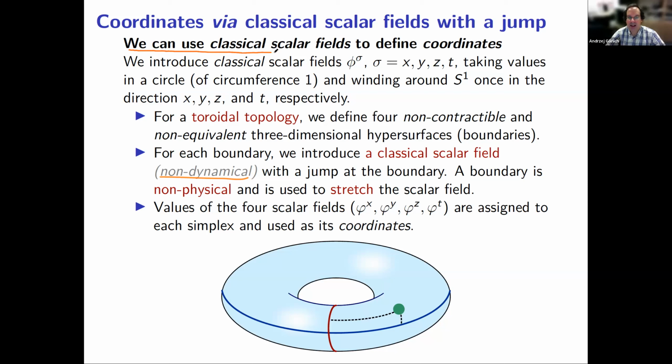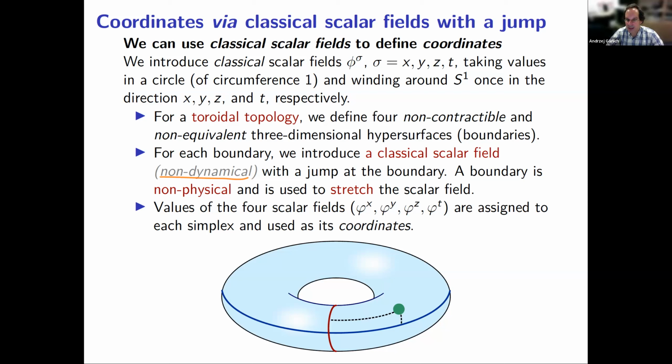And we don't want to just put a classical scalar field. We also want some properties for the scalar field. Because otherwise, if we would like to have a scalar field that minimizes the free scalar field action, it would be just constant everywhere.